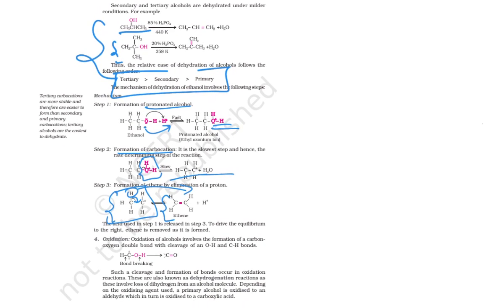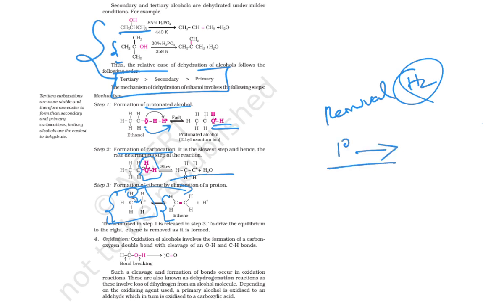Next we go for the oxidation reaction. In this oxidation reaction, otherwise we can say dehydrogenation. What is dehydrogenation? Dehydrogenation is nothing but removal of hydrogen. If I am taking the primary alcohol, if it undergoes dehydrogenation or oxidation, at that time we will get the aldehyde. Primary alcohol gives rise to aldehyde.